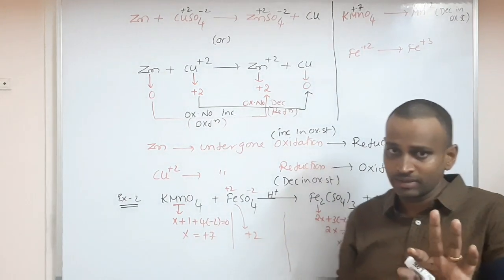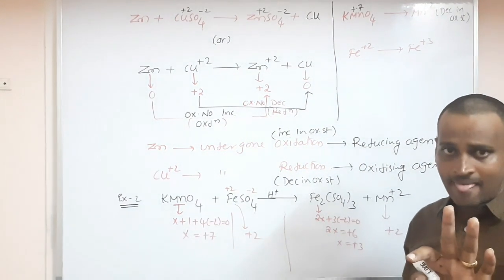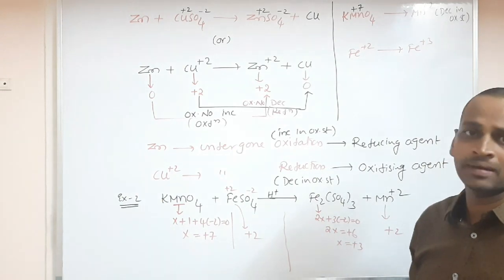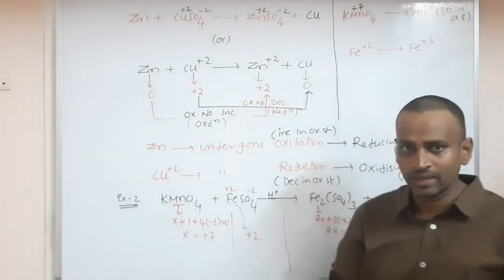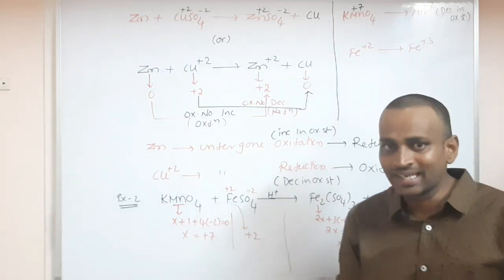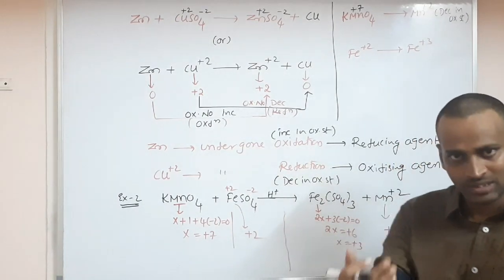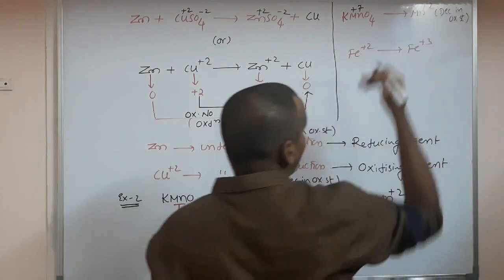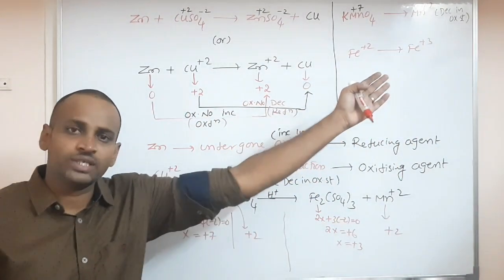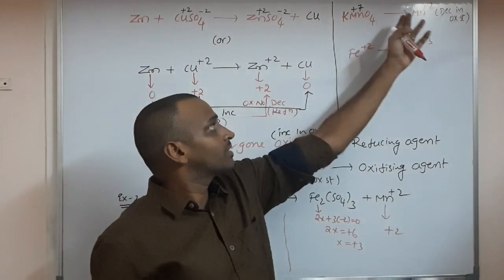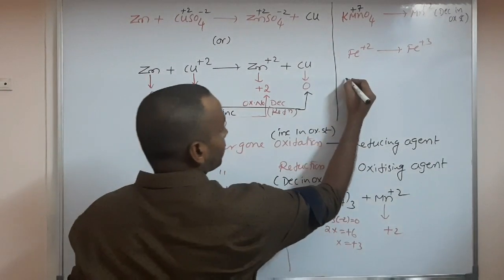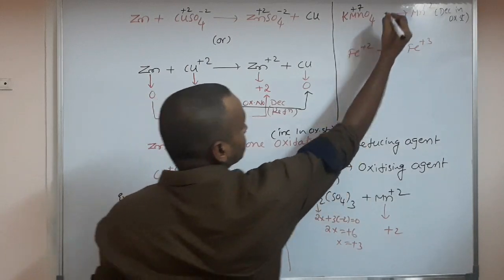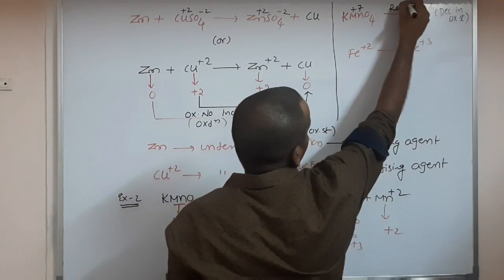Decrease in oxidation state means it underwent reduction. So KMnO4 is an oxidizing agent, because in KMnO4 the manganese oxidation state is plus 7, and in Mn2+ the oxidation state is plus 2. So here plus 7 converted to plus 2. So KMnO4 underwent what? Reduction. This is a reduction or not, tell me?